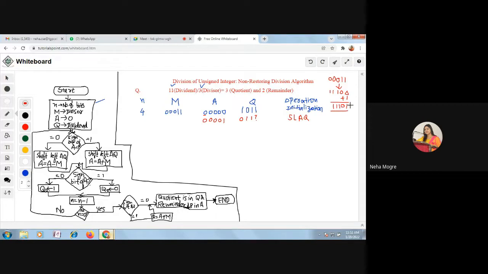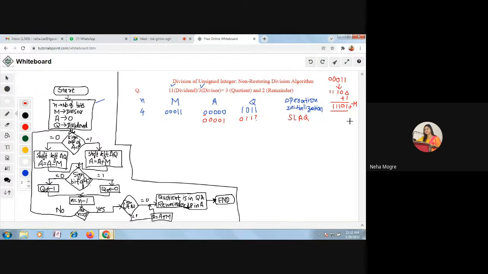So this is your minus M. Yes or no? Yes, ma'am. If M is 3, minus M is the 2's complement of M.